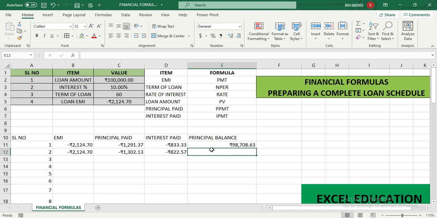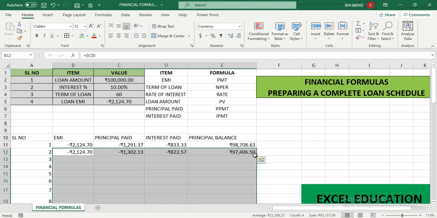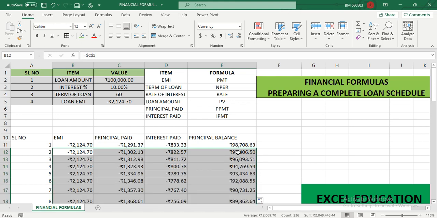However, from this particular case, I have to go on reducing the principal paid from this. So in this case, I will be adding this principal balance to this negative principal paid. So I get 97,406.5. However, from here on, I can just simply choose to double click so that I get the entire values copy pasted.